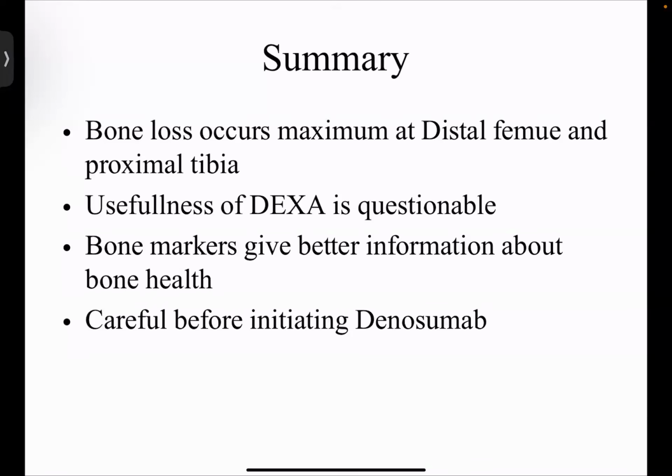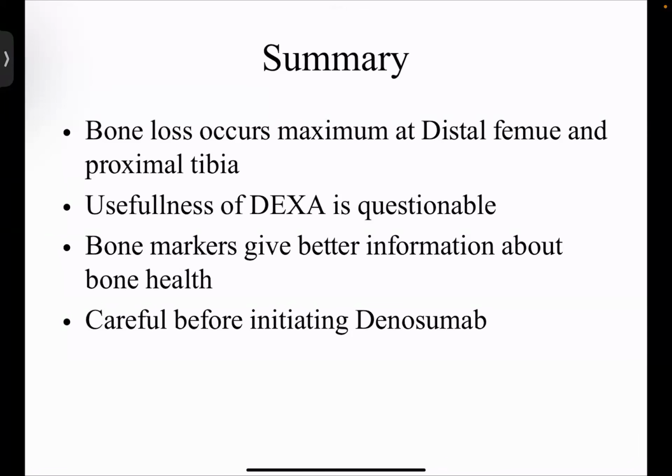There are some studies going on, but still no guideline has come for how to check the distal femur and proximal tibia. And bone markers give better information about bone health in spinal cord injury, because maximum bone loss occurs in the acute phase, and to transform that into reduced BMD will take 1 year or 2 years.